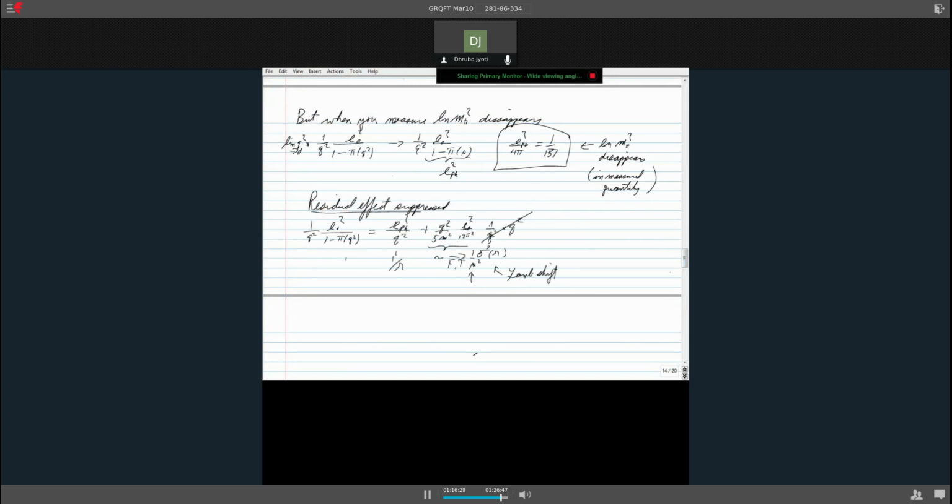So we end up with the effect here, 1 over q squared. What I started off writing is 1 minus pi of q squared. I absorbed the pi of 0 into q squared equals 0. And this then looks like E physical squared over q squared.